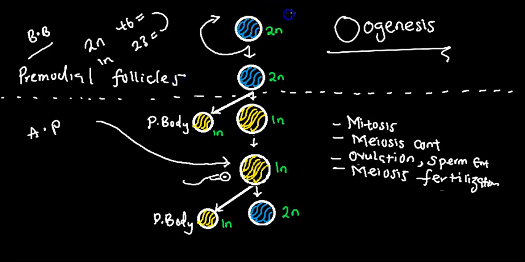And up here we have what we call the oogonium. Notice that the oogonium begins with 46 chromosomes. Therefore, they are going to be diploid. And the process it takes here, we call mitosis.